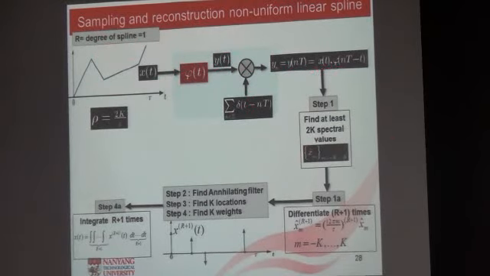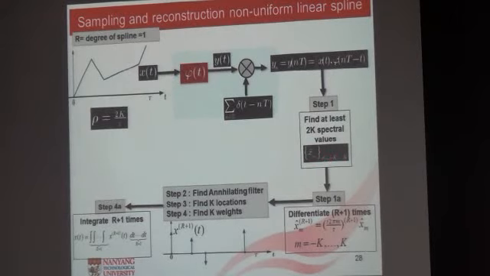Then it's the same as previous, I find the 2K spectral values of the original signal. Now, I can't really do anything with the 2K spectral values of the original signal, right? I need to find the spectral values of the stream of Diracs in order to apply my scheme, right?